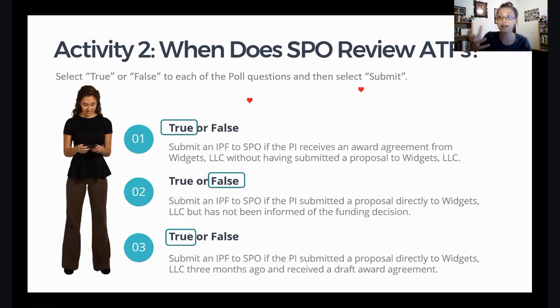You have an award in hand that sponsored programs needs to review, regardless of if you submitted that to the sponsor already or not. A just-in-time, or a JIT, is this in-between period. A JIT is when you've submitted a proposal to a sponsor, usually through our office, as you should have, and then that sponsor requests some additional information before they make a funding decision.